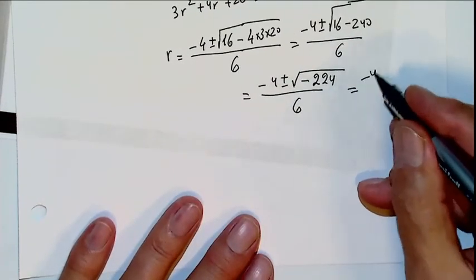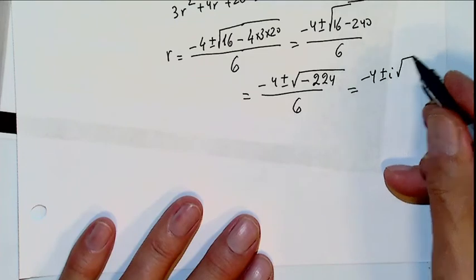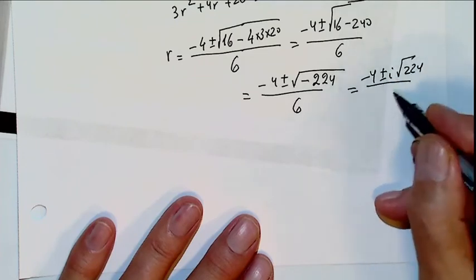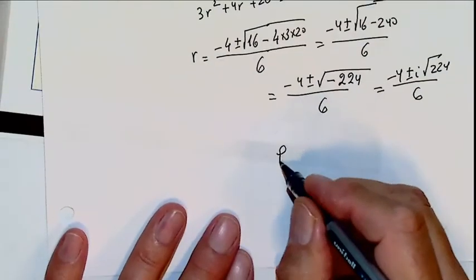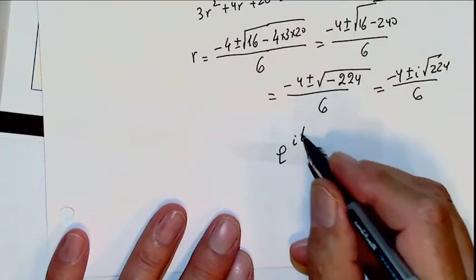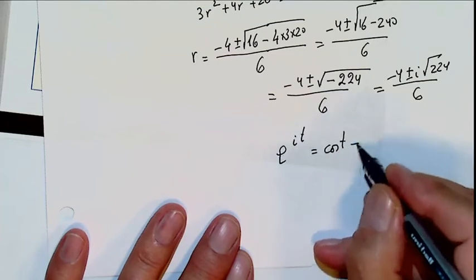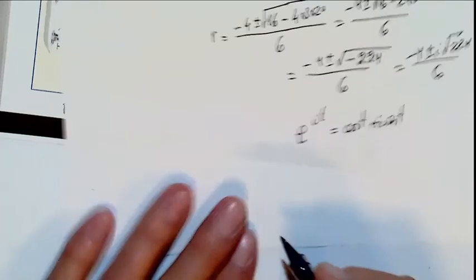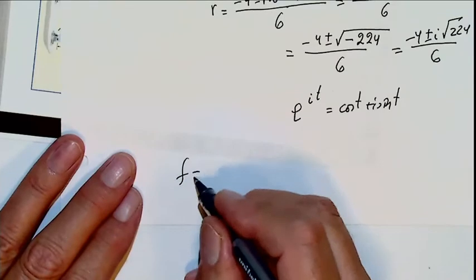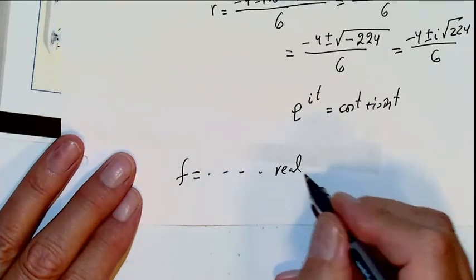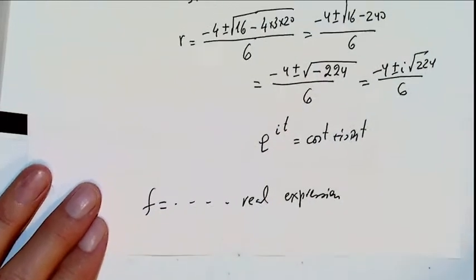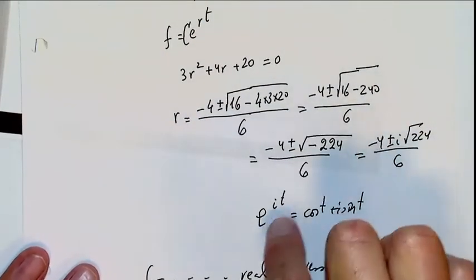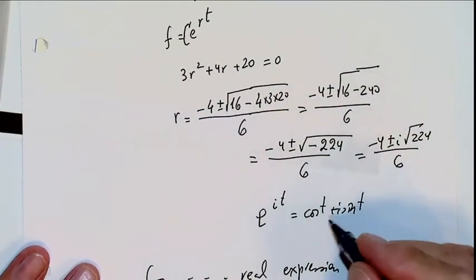From reality, we go to this, then we are using Euler's formula, e to the it equals cosine t plus i sine t, and we get a real expression, f equals some real expression. So we go from reality to reality, but through complex numbers.